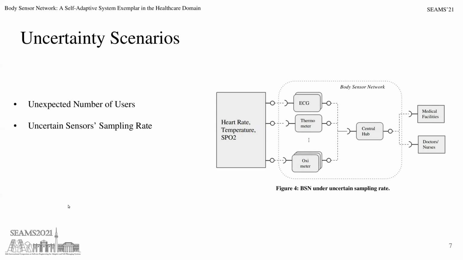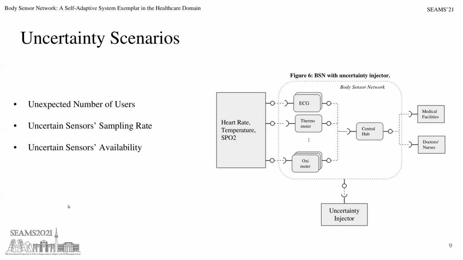The sampling rates affect the sensor's energy consumption and may lead to a scenario where a sensor runs out of battery. Once one or more sensors run out of battery or fail for some other reason, the results of the emergency evaluation may be compromised. This characterizes an uncertain sensor availability.